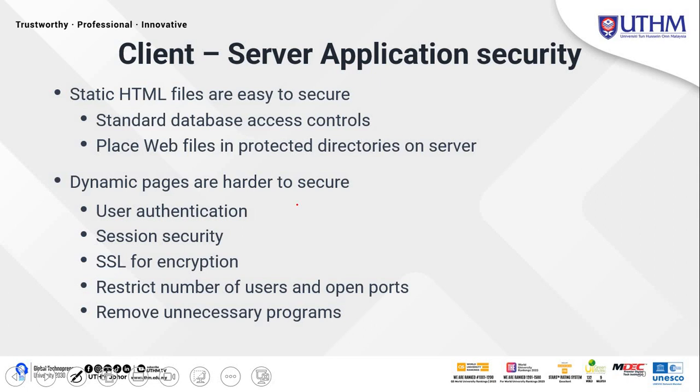Client server application security: static HTML files or dynamic pages are harder to secure. So we have user authentication, session security, SSL, encryption, restrict number of users and open ports, and remove unnecessary programs. This is the most important one as well, because it will reduce your database performance.